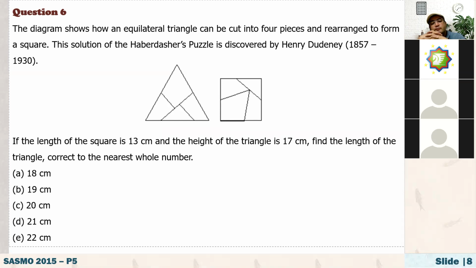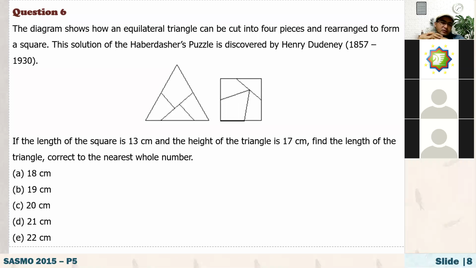This solution of the haberdasher's puzzle is discovered by Henry Dudeney. If the length of the square is 13 centimeters and the height of the triangle is 17 centimeters, find the length of the triangle correct to the nearest whole number.